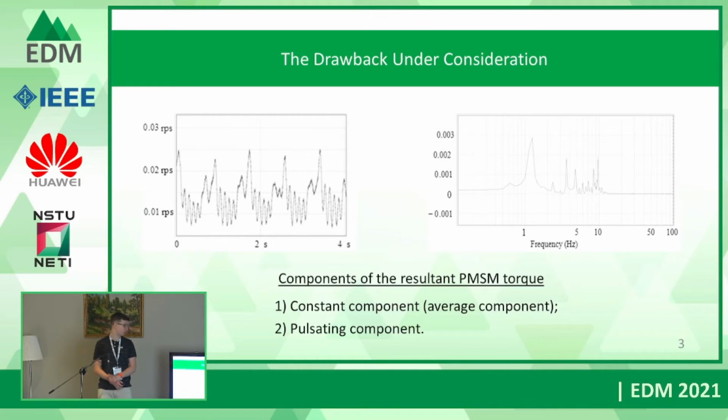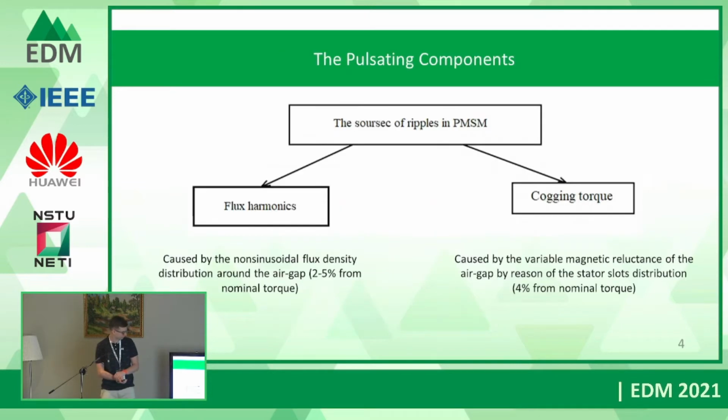Here is a speed PMSM waveform and its spectrum diagram, from which we can see the presence of the described ripples. Also, on the spectrum diagram, we can see the harmonic frequencies, which influence mostly the described pulsations. The pulsation components can also be divided into two groups.